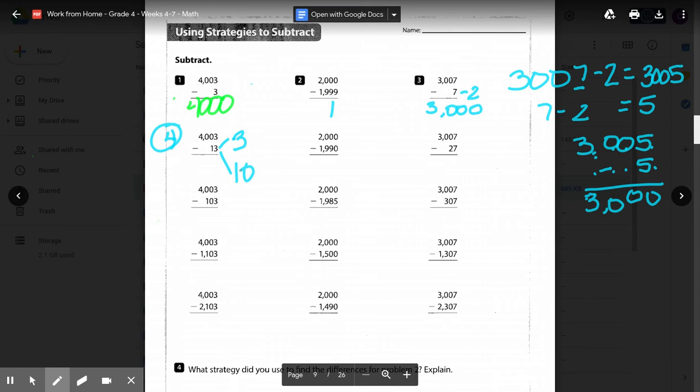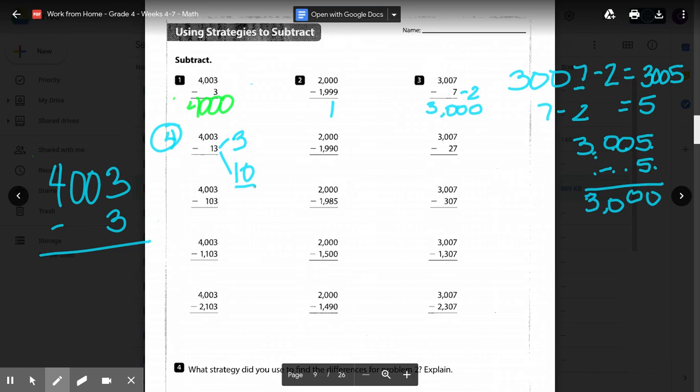Now, with 4,003, would it be easier for me to take 3 away first or 10 away first? I would start with 3 because if you look over here, 4,003 minus 3, I don't have to do as much borrowing as I would if I used 10 first.